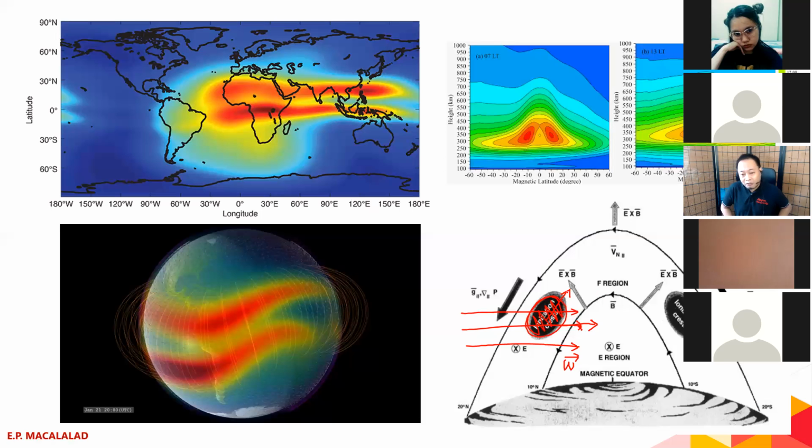Meron ng added effect, and that is the electromagnetic effect. So yung fluid mechanics tsaka electrodynamics ng plasma must go together. Kaya may tinatawag na MHD, magnetohydrodynamics. So it's a combination of electromagnetism and hydrodynamics. And this is used to explain the collective behavior of plasma, including plasma in space.